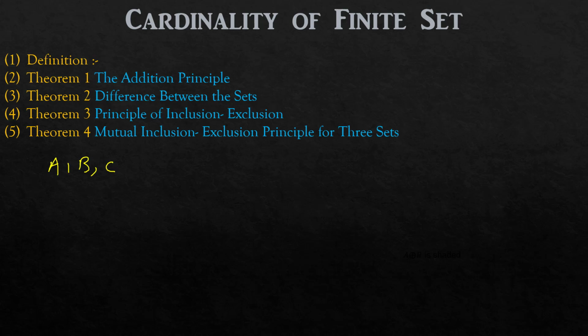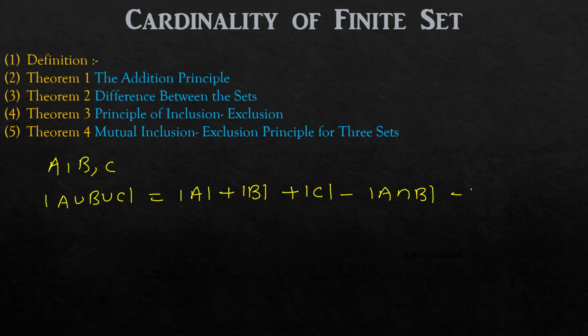Then n(A union B union C) is equal to n(A) plus n(B) plus n(C) minus n(A intersection B) minus n(A intersection C) minus n(B intersection C) plus n(A intersection B intersection C). So this is the inclusion exclusion principle for 3 sets.